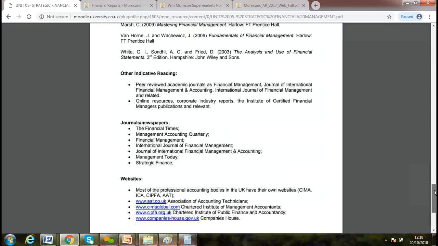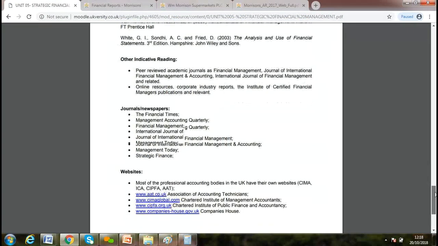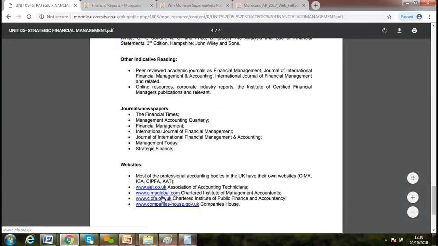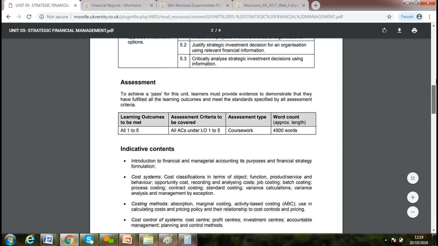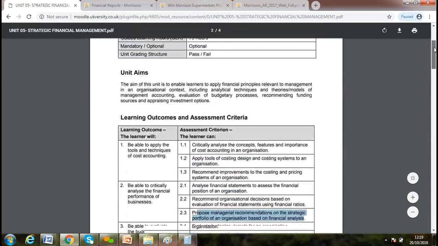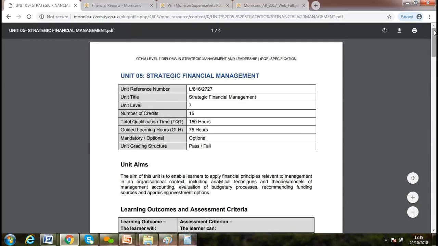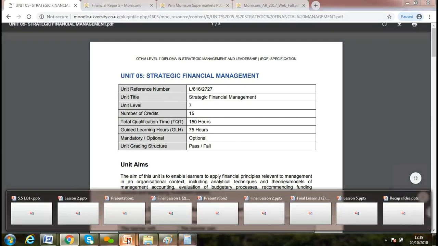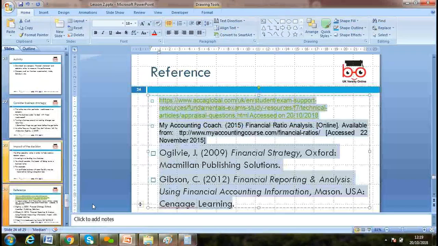If you go online under assignment guidance, you will see some books are recommended. ATHE is there, CIMA, and so on; these accounting bodies' websites are useful as well, plus some journal articles. These are the recommended resources which we can read to address our learning outcomes.